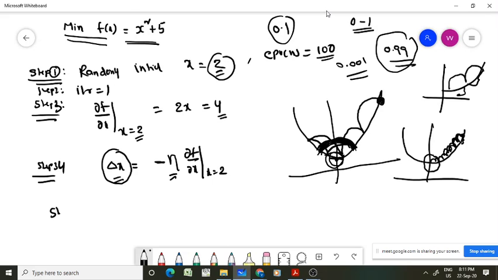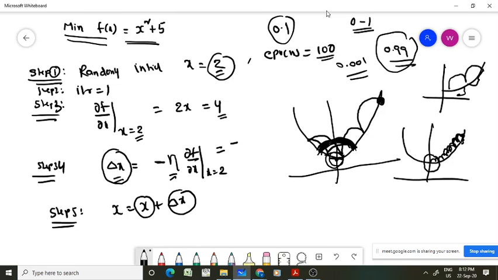In step 5, what we are doing here is updating your point, x new equals x plus delta x. This x is the initial point, 2, and delta x is the step length. So what will be the delta x here?